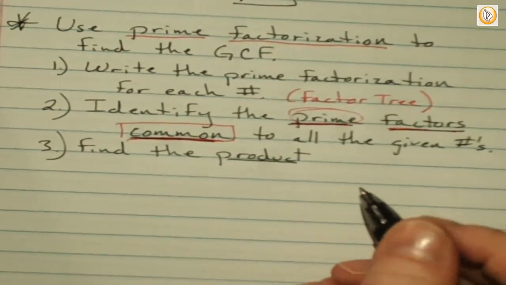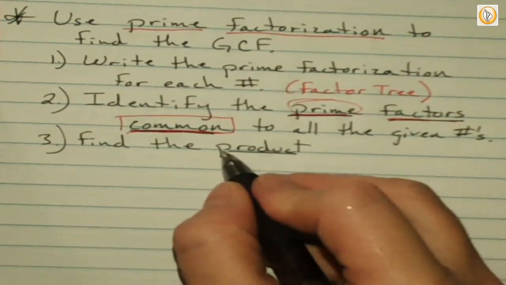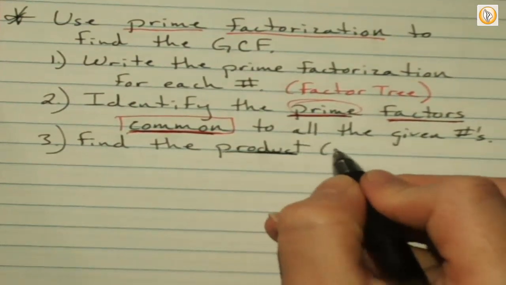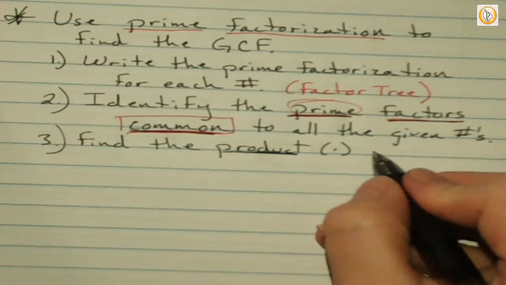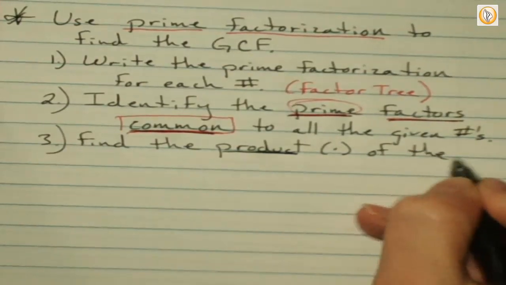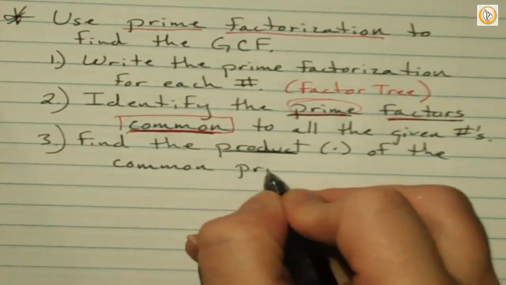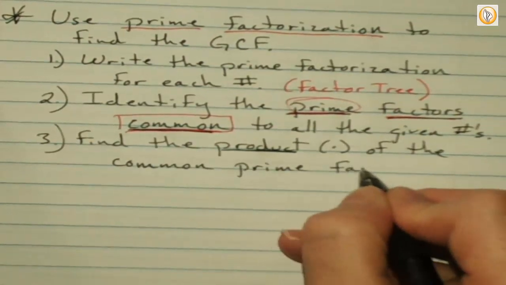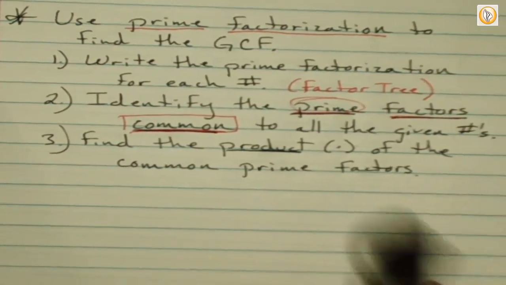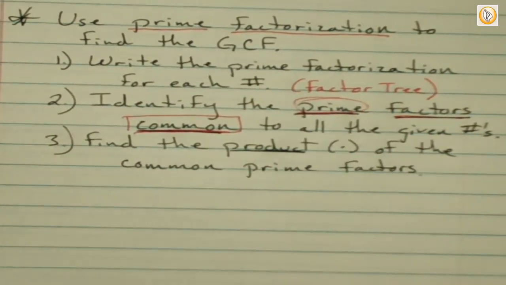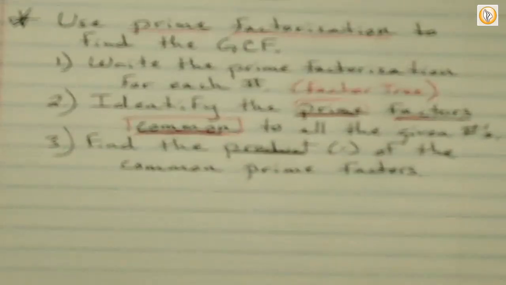I meant multiplication. I'm going to put parentheses and a dot of the common prime factors. Okay, so once you find all the common factors, you're going to multiply them all.